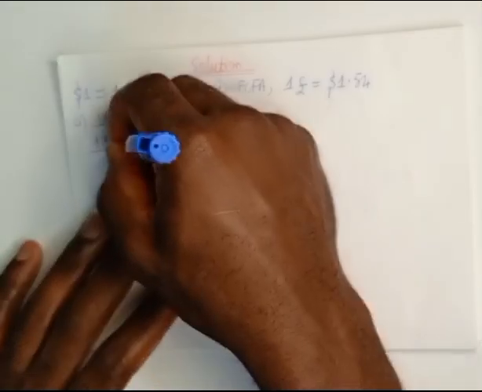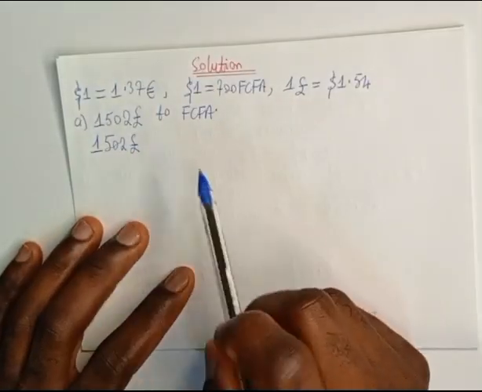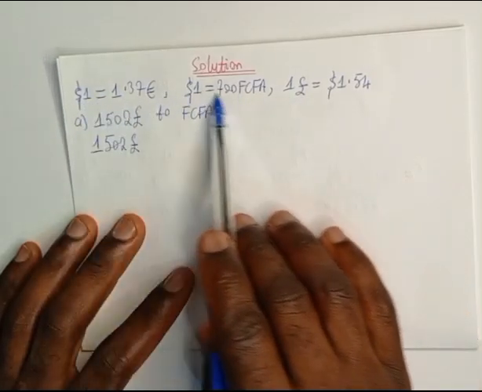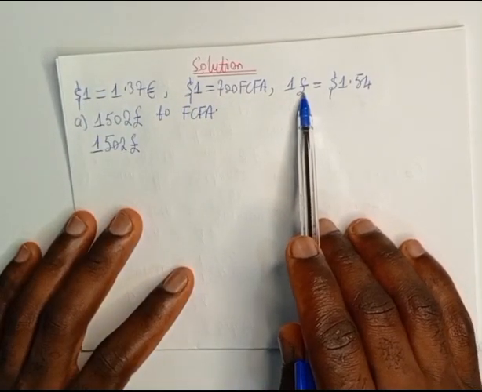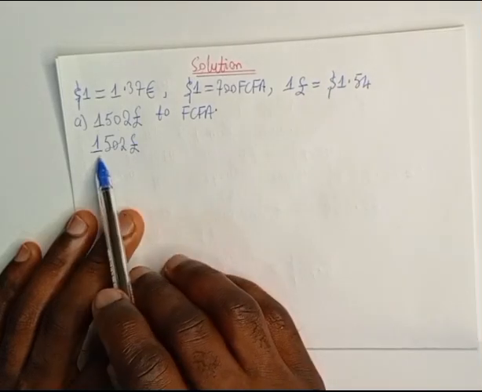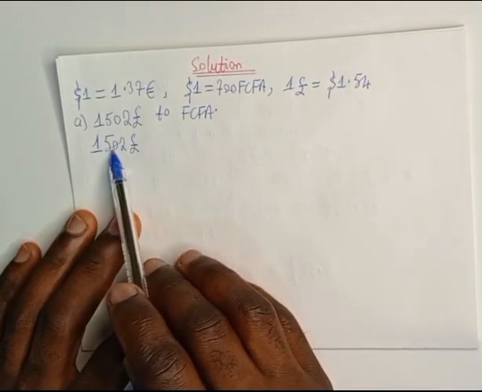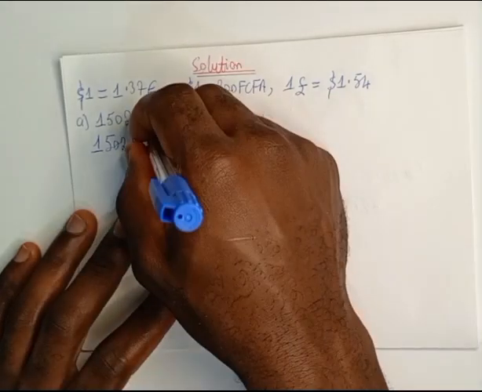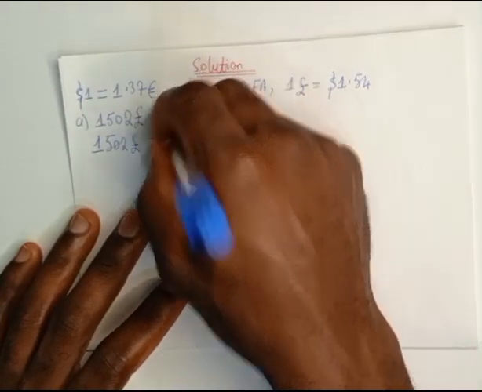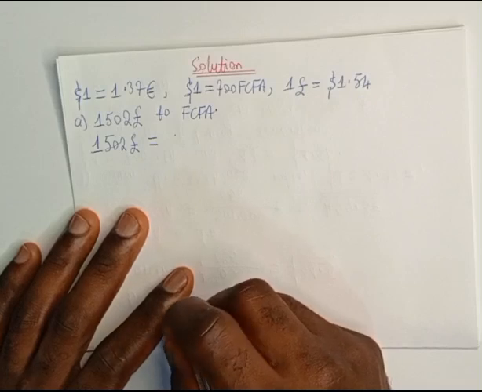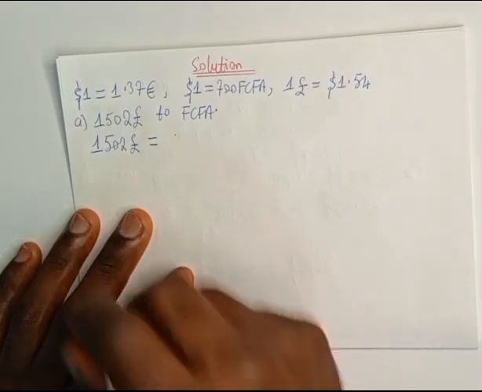According to the exchange rates, you'll see that the pound is a higher currency to the dollar. So for us to convert 1,502 pounds to dollars, we are simply going to multiply the amount 1,502 by the exchange rate, which is 1.54.